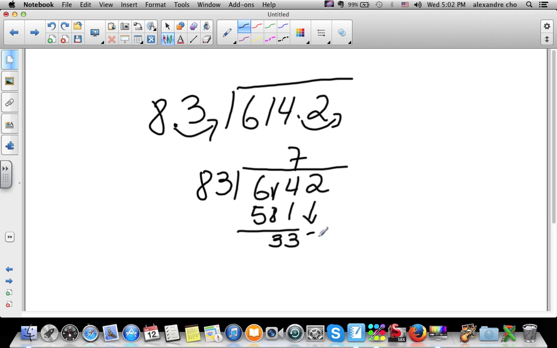Bring the 2 down. 83 goes into 332. 4 times. 4 times 3 is 12. Carry the 1. 4 times 8 is 32, plus 1, 33. Perfect. So in 614.2 pounds, there are 74 gallons of water.